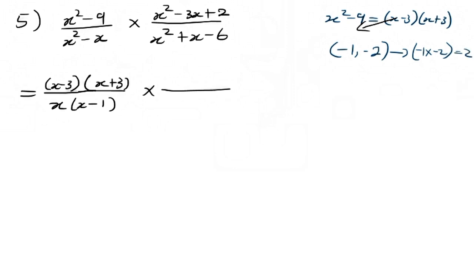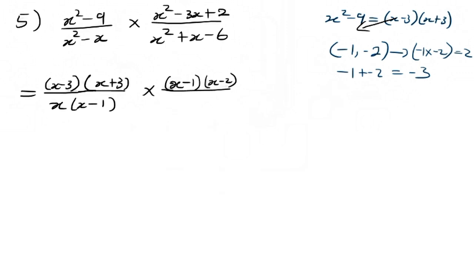And minus 1 plus minus 2 will give us negative 3. So we can say that the factors of this expression will be x minus 1 and x minus 2.